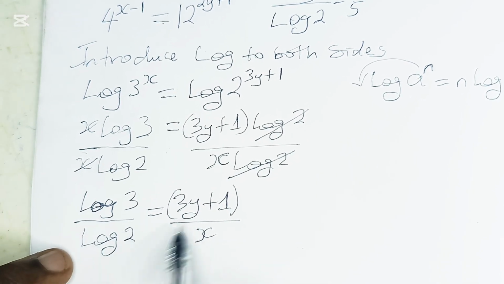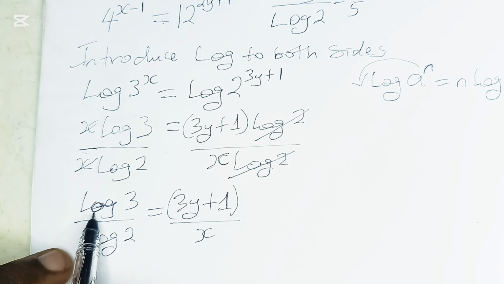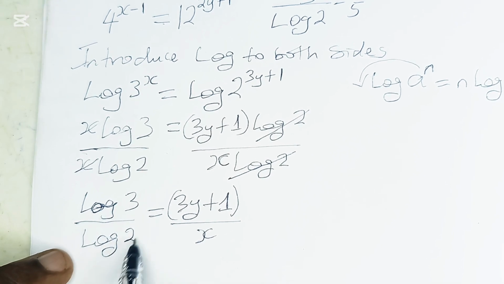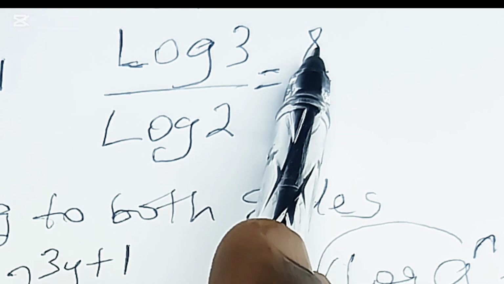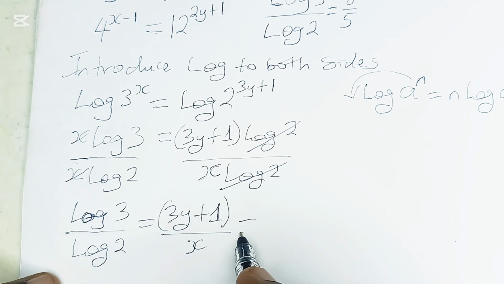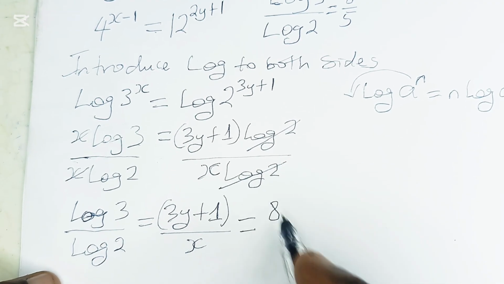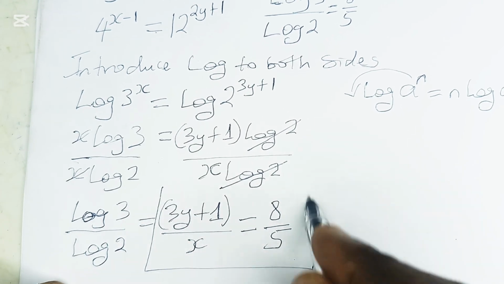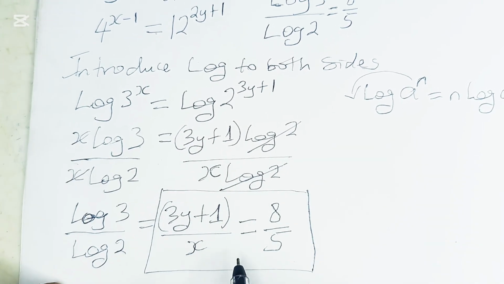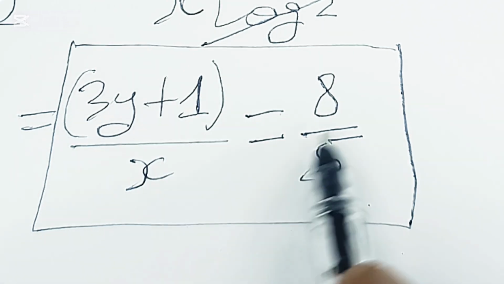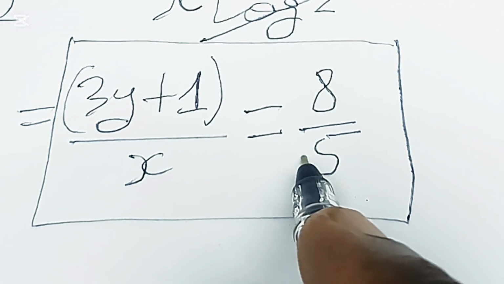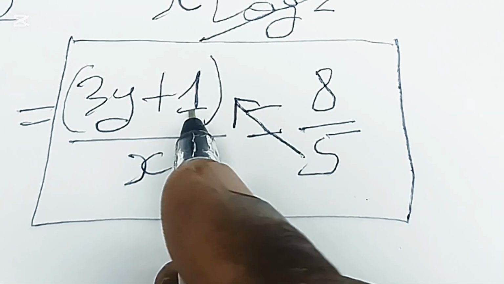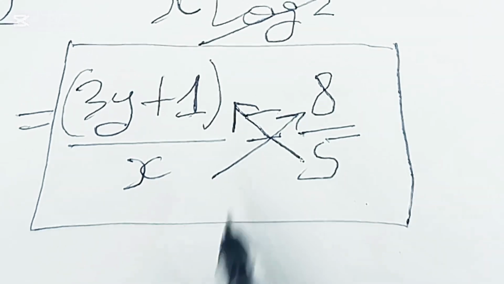Now, remember that log of 3 divided by log of 2 is equal to 8 over 5. So we have to say this is equal to 8 over 5. This gives us something to solve. To solve this now, cross multiplication. So this comes over here to multiply, and this goes over here to multiply.